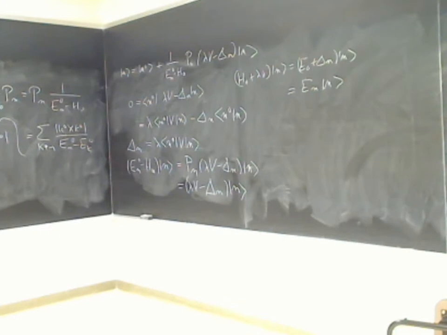Remember, this is a non-degenerate problem, where we're essentially assuming all the levels are non-degenerate. Although the only one whose non-degeneracy plays any role, as far as we're going to get in this series, is the nth level. The others could be degenerate. Anyway, we're expanding that as a power series in this small dimensionless parameter lambda.